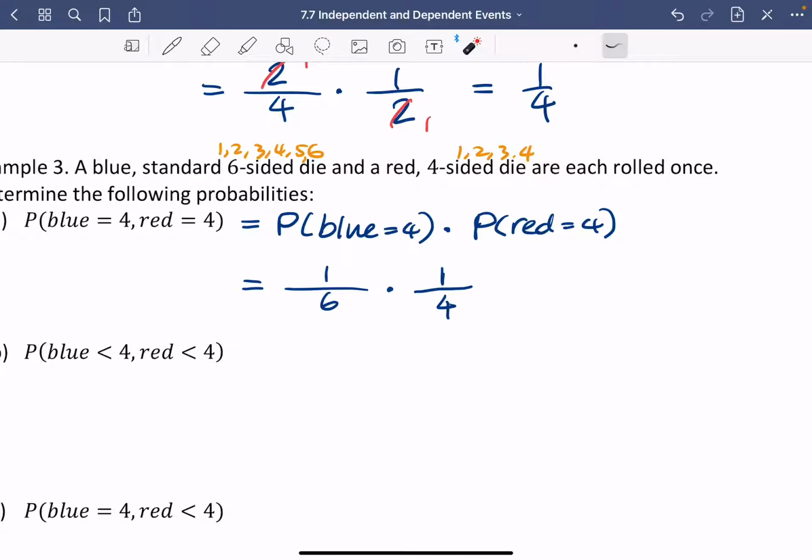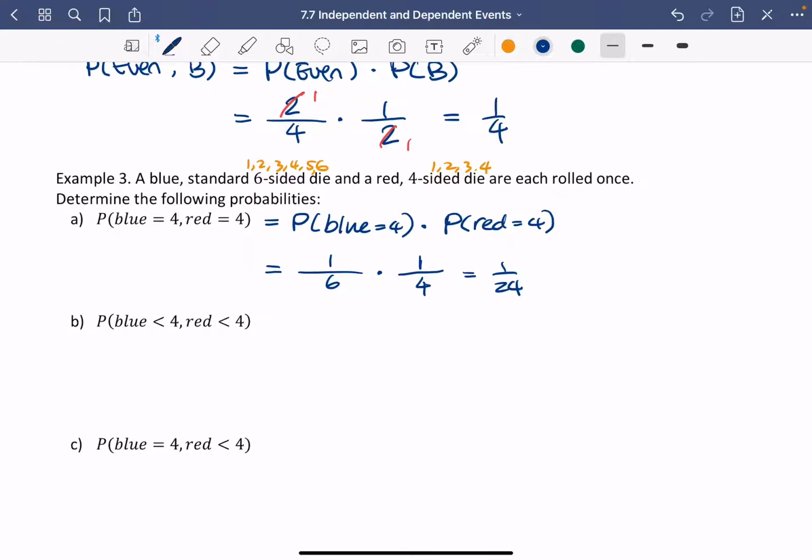So getting a 4 is 1 out of 4. So this is then equal to 1 over 24. So the probability of getting 2 4s from the 2 dice is 1 over 24.